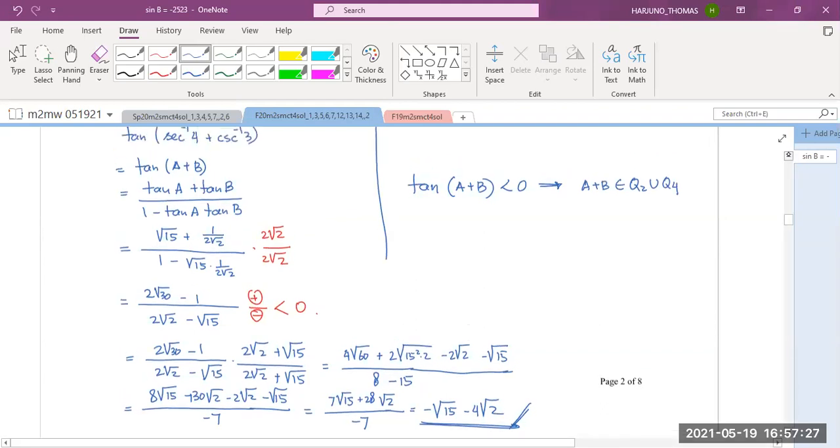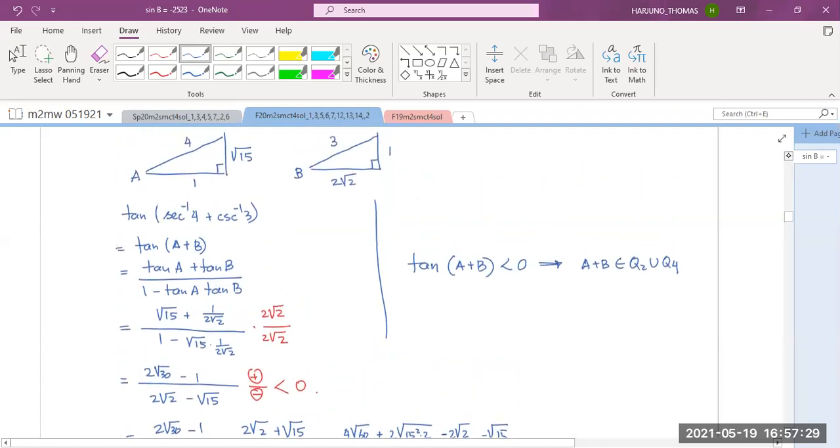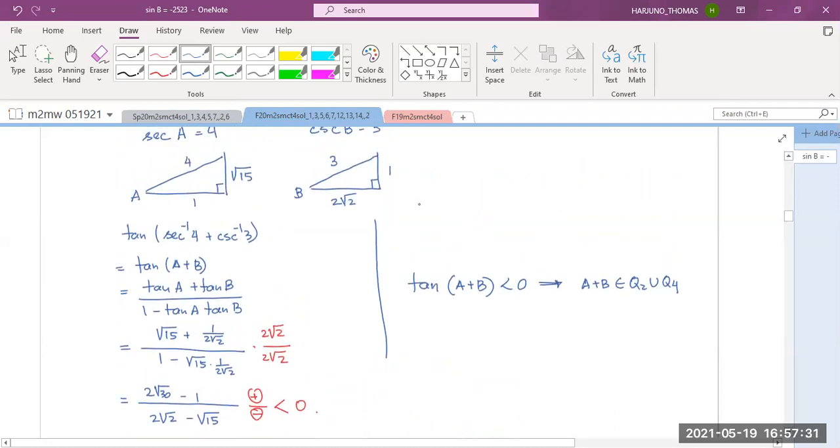Tangent is negative. Now, on the other hand, if we go back, remember we said that secant inverse of 4 is in quadrant 1, right? And then cosecant inverse of 3 is also in quadrant 1.